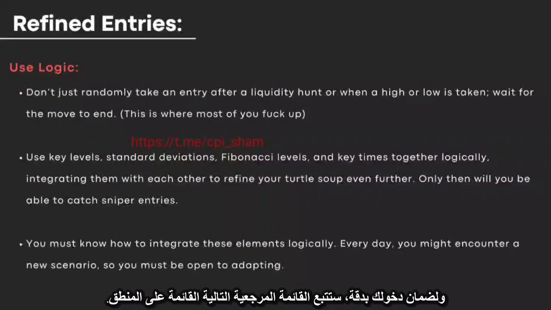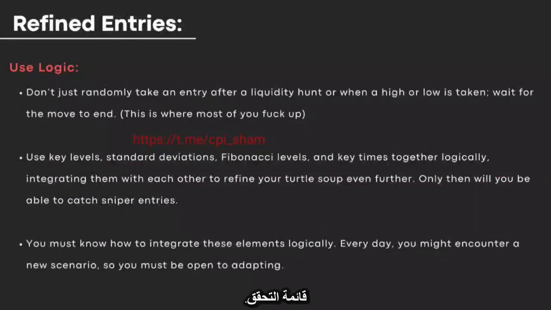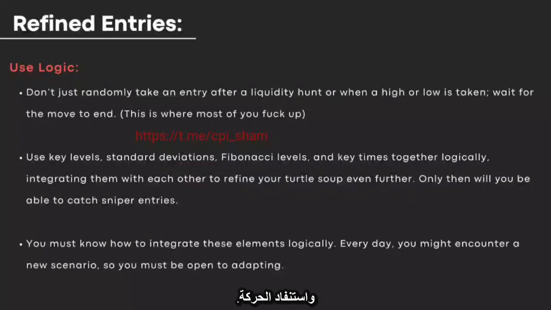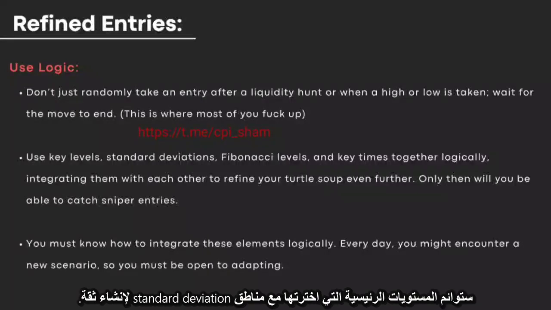And to ensure you are entering with precision, you're going to follow the following logic based checklist. First of all, liquidity hunt: you're going to wait for the high or low to be taken and the move to exhaust. Number two, key levels and standard deviations: you're going to align your chosen key levels with standard deviation zones to create confluence.